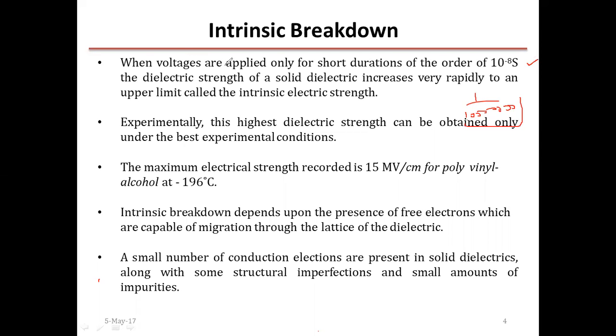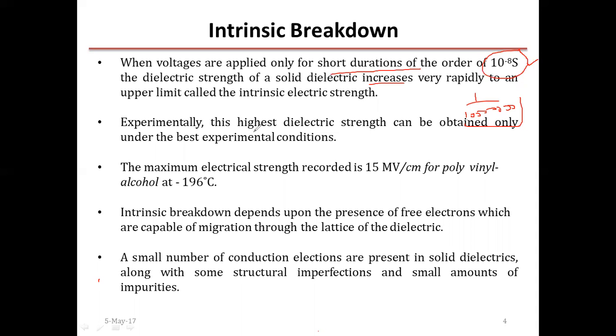So this is a very low duration of time. When the voltage is applied only for a very short interval of time, the dielectric strength at this stage increases very rapidly up to the upper limit called the intrinsic dielectric strength, because for a small amount of time we have applied the voltage. So the stress will be low, and indirectly we can say that the dielectric strength is increased.